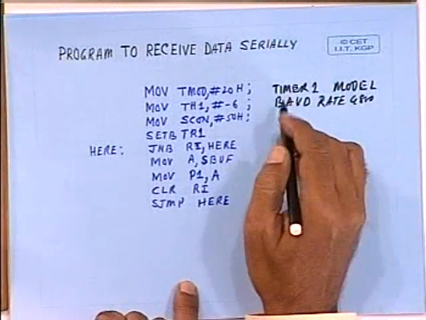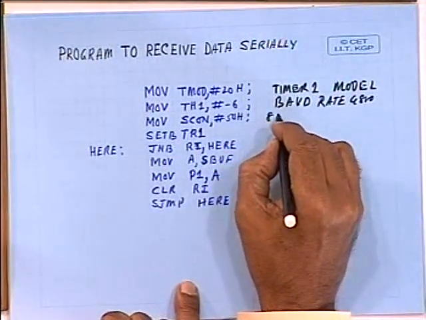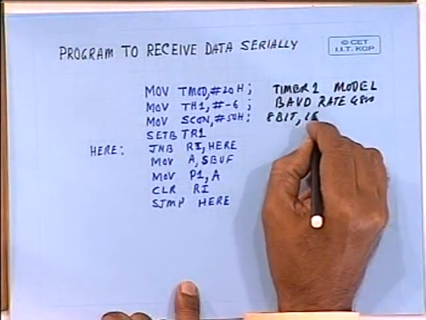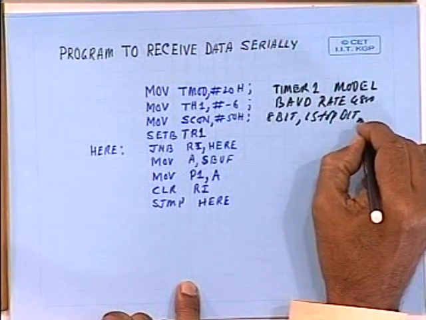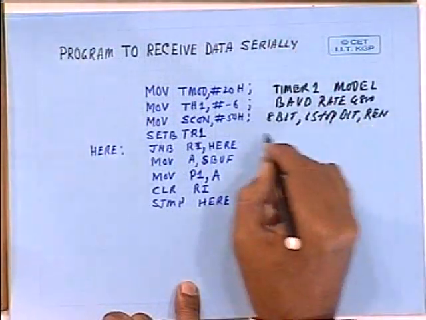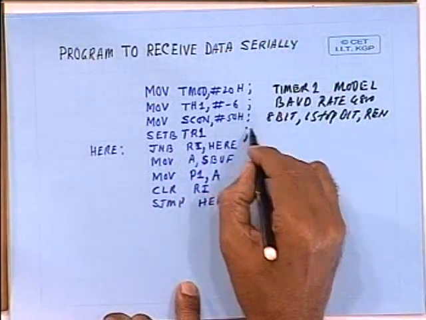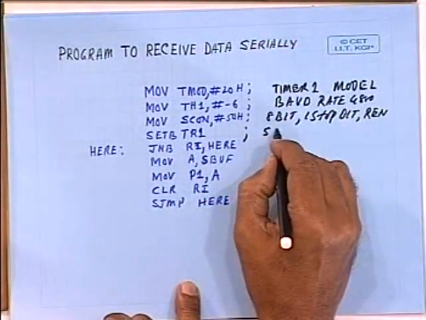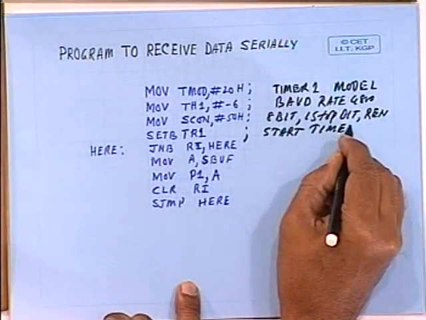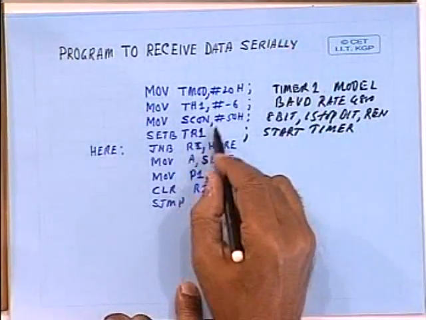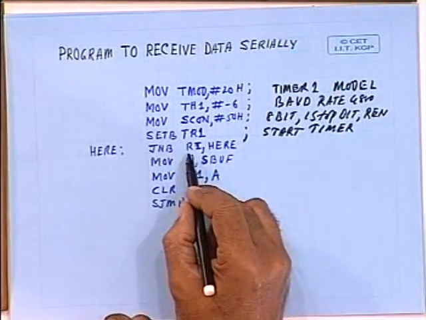Then you configure it again for 8-bit data, 1 stop bit, and you enable REN. So it is the same as the previous case. Now you start the timer to generate the baud rate for receiving. In this case you are receiving, and here you are checking.